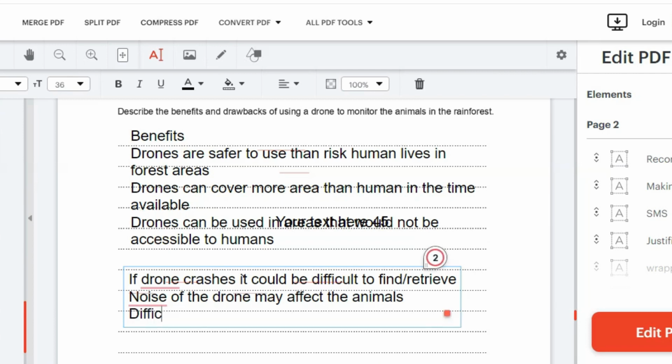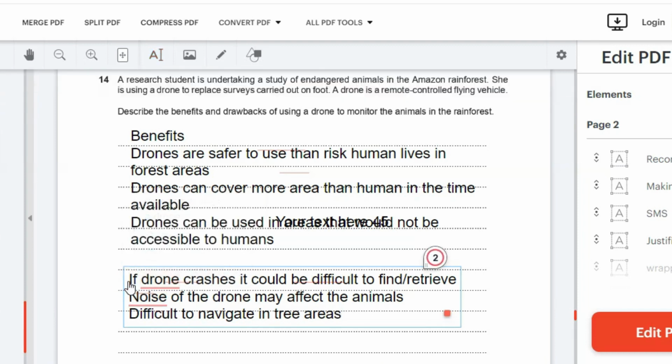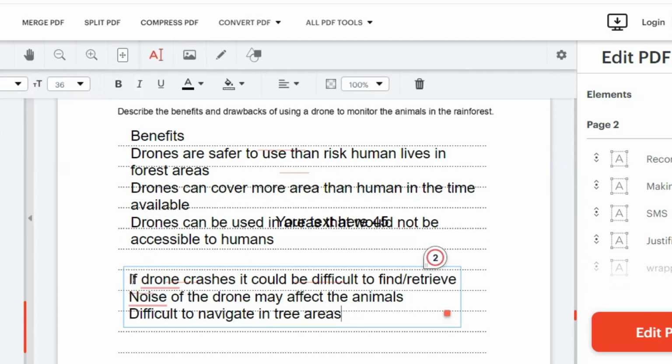So these are 3 disadvantages of using a drone.